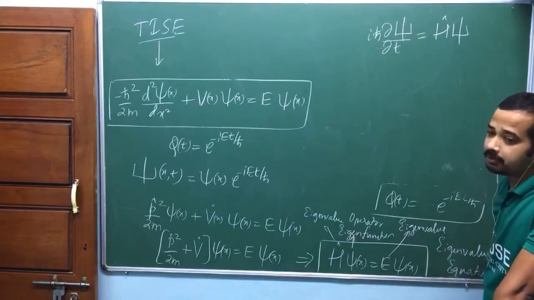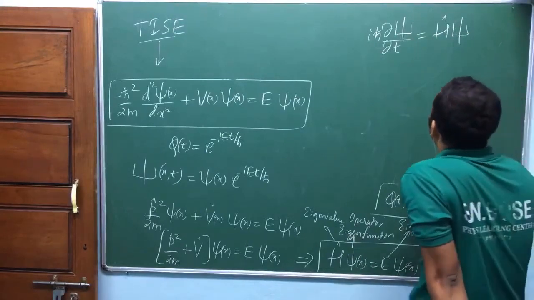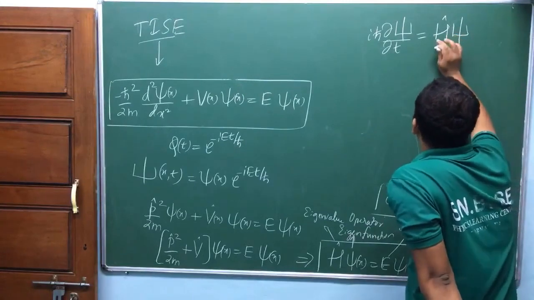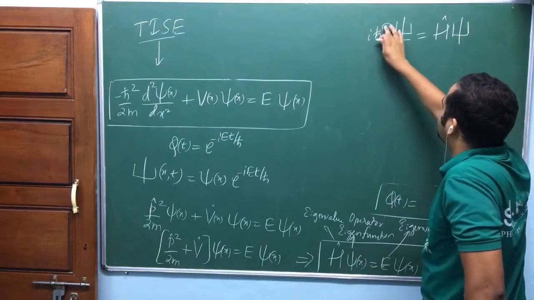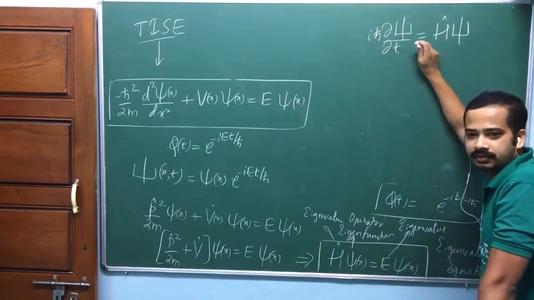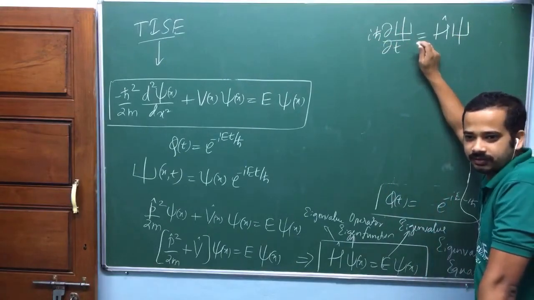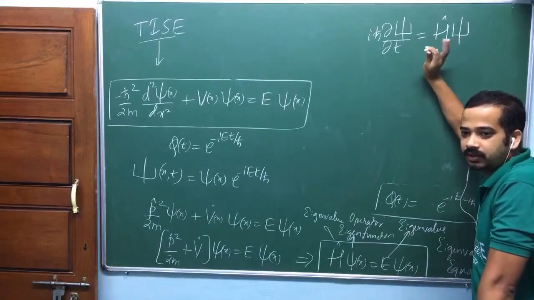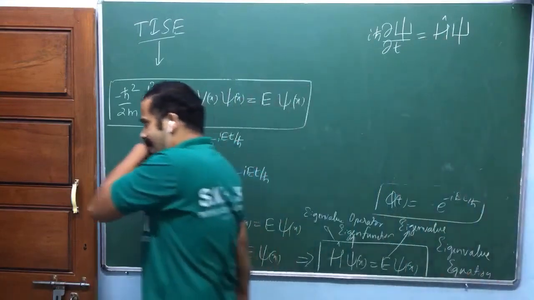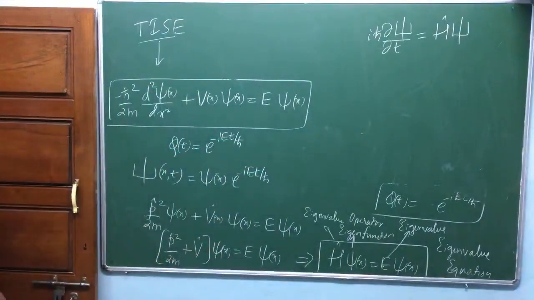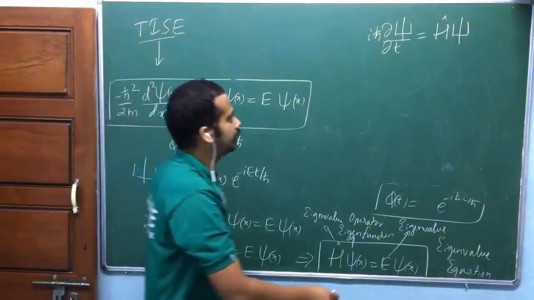Time dependent Schrodinger equation is H cap operating on psi equal to I h bar dou by dou t operating on psi, isn't it? We see that equation now in terms of operators, because we'll get into the Dirac idea later. Is that okay?